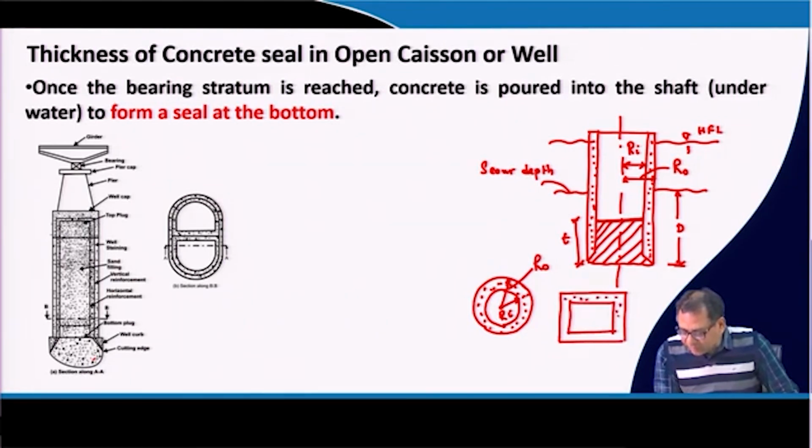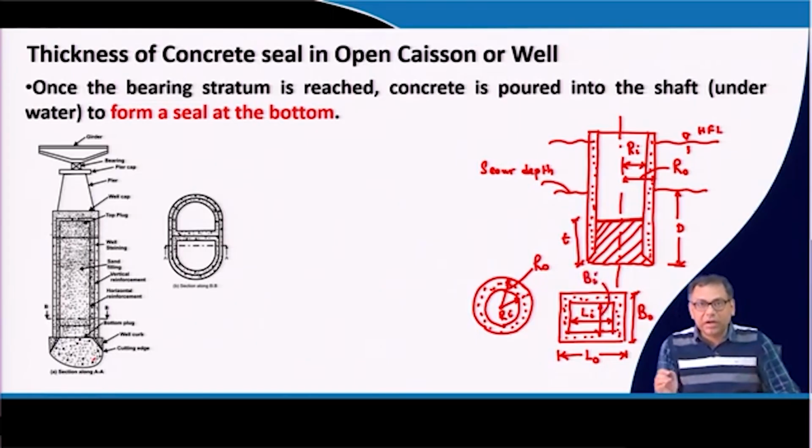So, this is the rectangular cross section of the OL, where this is L outside, this is L inside, this is B outside and this one is B inside. So, outside width, inside width, outside length, inside length. For these particular OL we have to determine the thickness of the bottom seal.